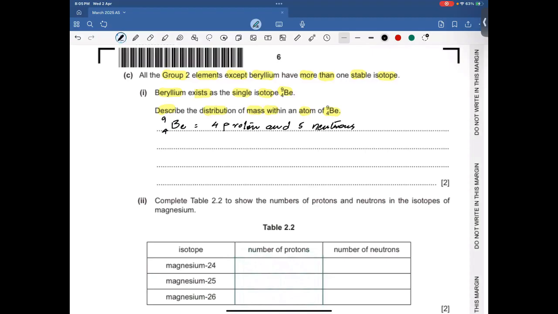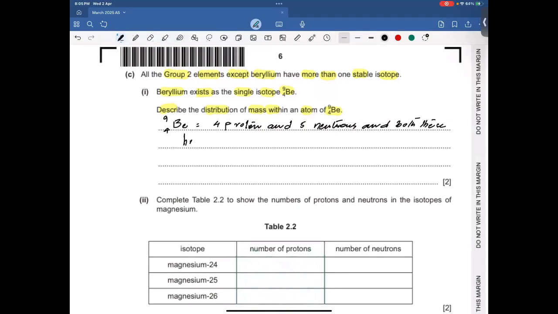All right. And both these heaviest particles are found in the nucleus.